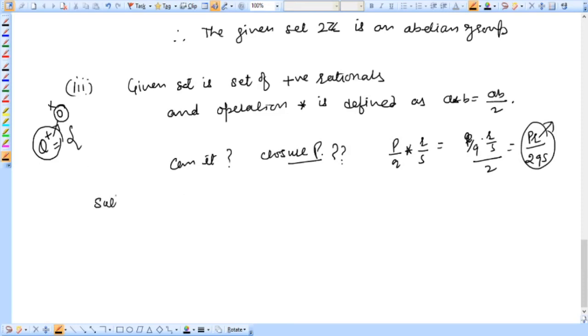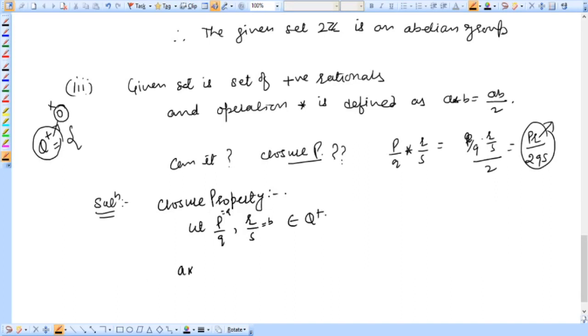Okay, let me write it in this way. Solution: closure property. Let p by q, r by s, this is your a, this is equal to b, belong to Q positive.